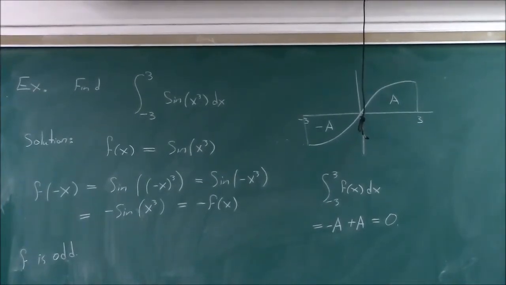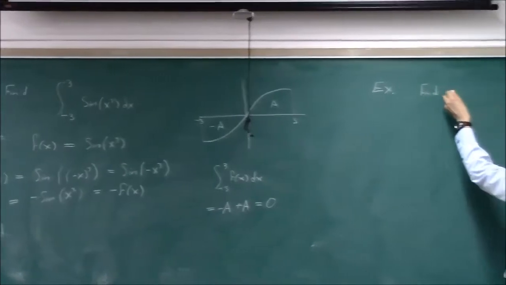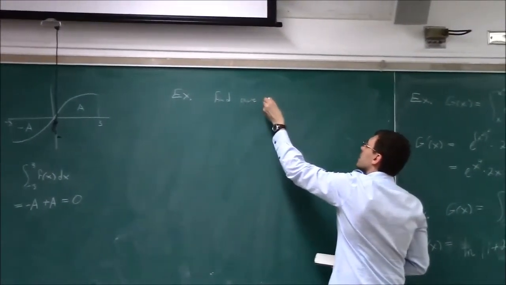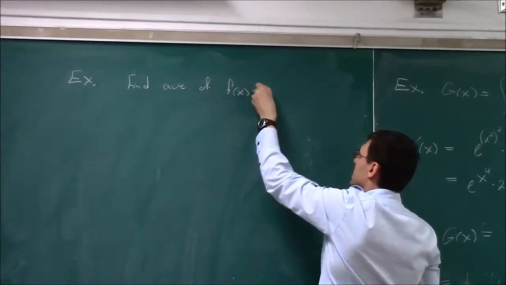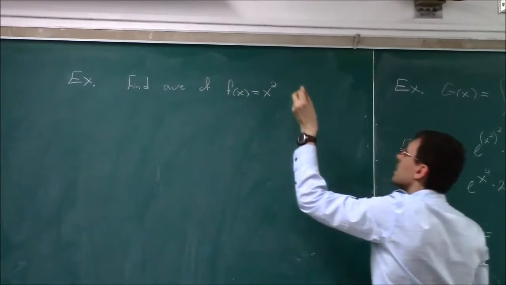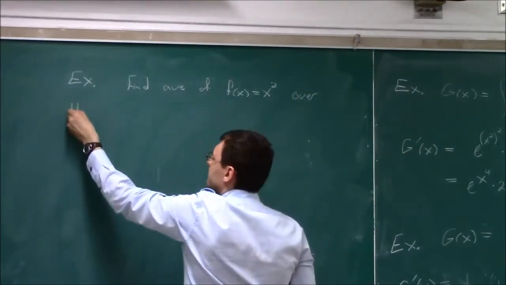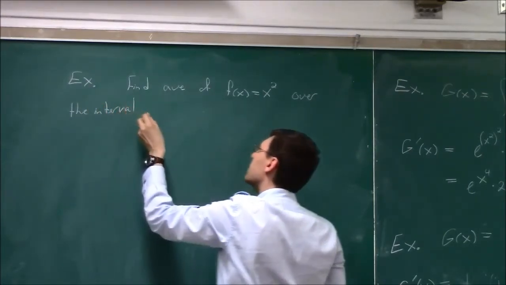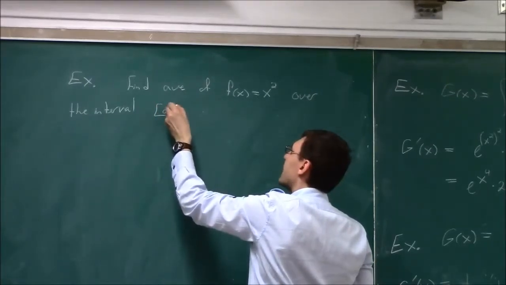Example, find the average of f of x equal to x squared over the interval 0 to 2.